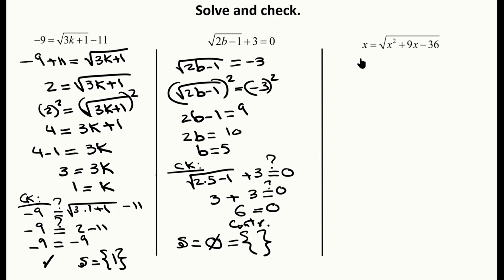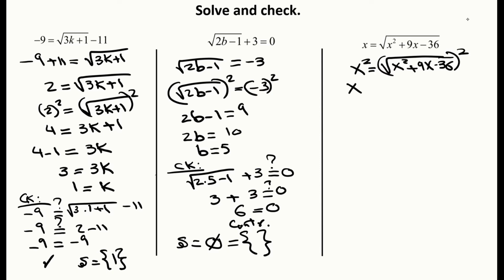Moving to this last problem on this page, we notice that we have x equals the square root of x squared plus 9x minus 36. Now, this square root is already isolated on one side, so we can go ahead and square both sides. So we end up with x squared equals the square root of x squared plus 9x minus 36 squared.